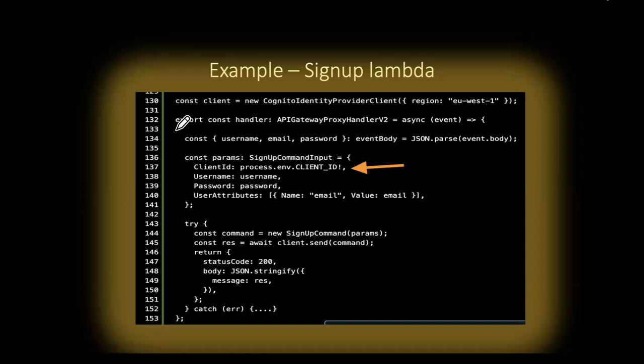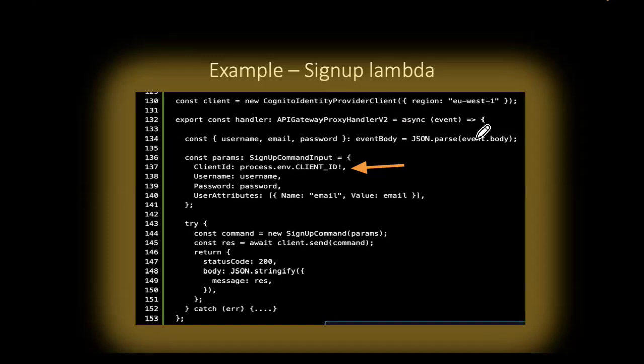Now, in the case of Cognito, what I'm doing, for example, is creating an instance of a sign up command. And here all I'm doing is extracting the username, email, and password from the HTTP request, from the event body.